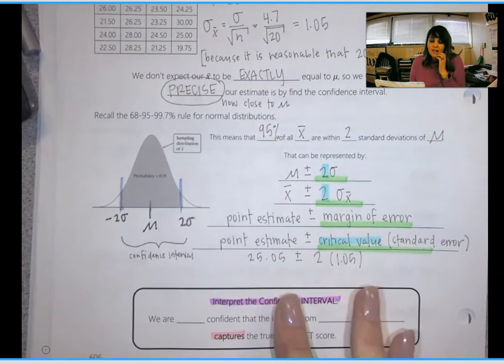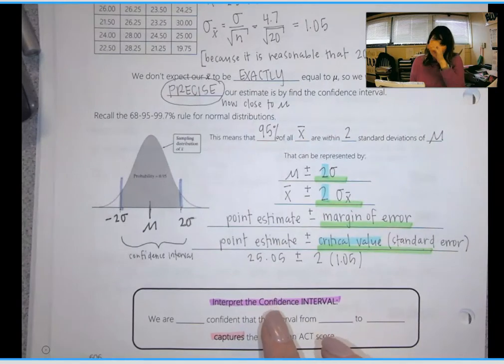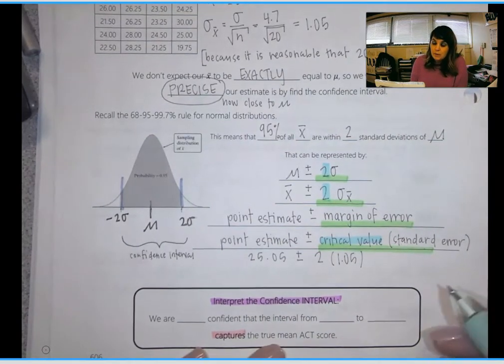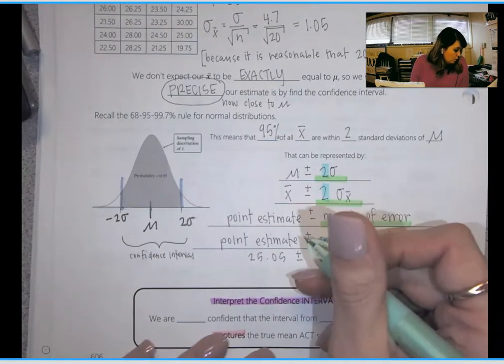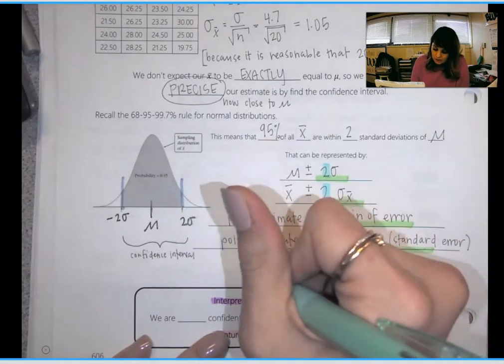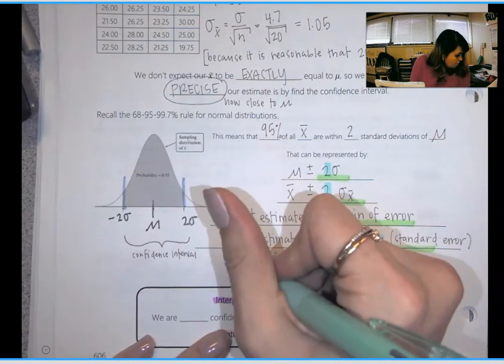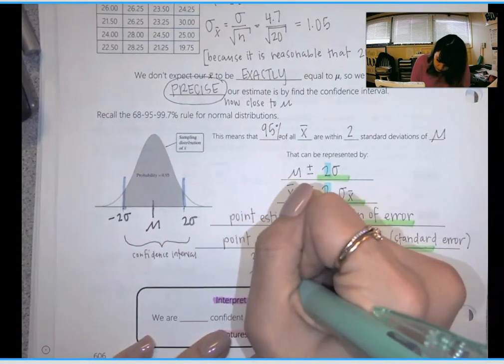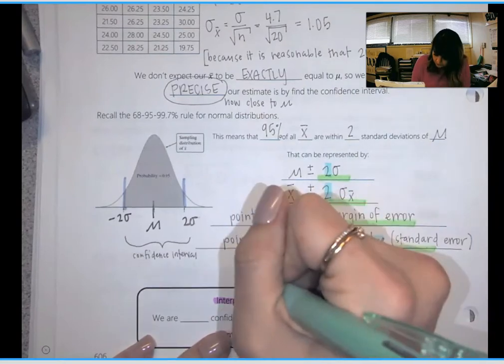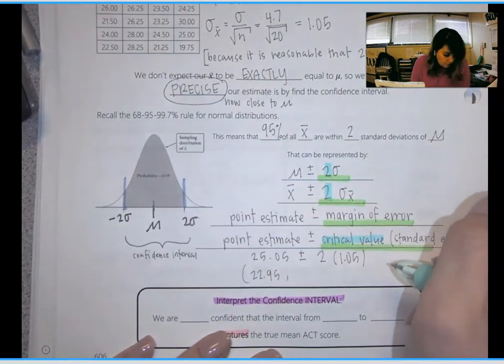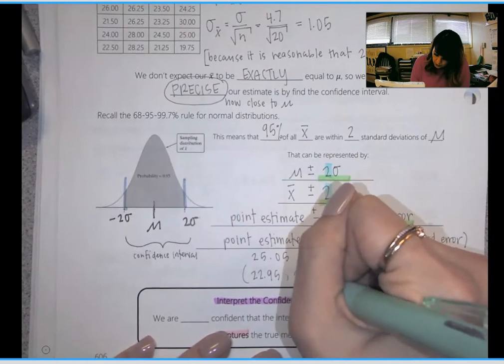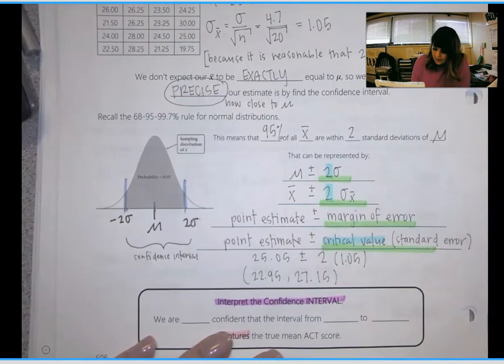If you plug that into your calculator and find your lower bound and your upper bound, you get a confidence interval of 22.95, comma, 27.15.